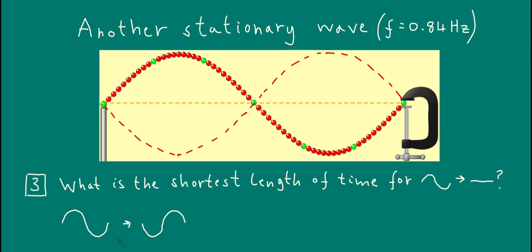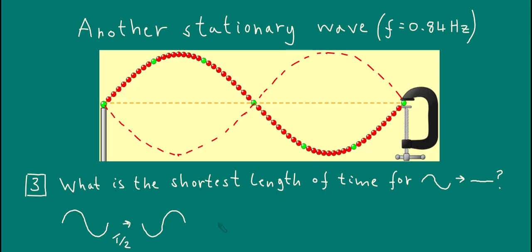Alright, so the time taken here will be the time period, whatever that is, divided by 2. And recall that the time period, capital T, is all about how long it takes for a particle to complete one whole cycle. So if a particle starts right at the top here, how long it will take to go right down to the bottom and then back up to the top where it started. That's one whole cycle traced out.